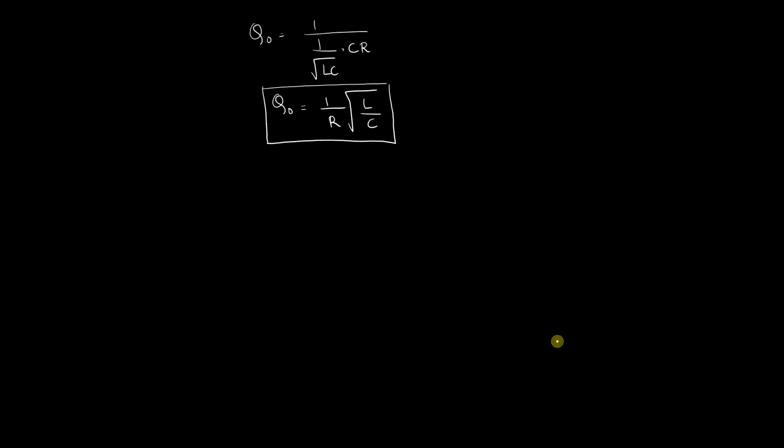So you have this Q naught, which is equal to the circuit magnification factor, and looking at this expression we can say that the value of Q generally will be greater than 1.